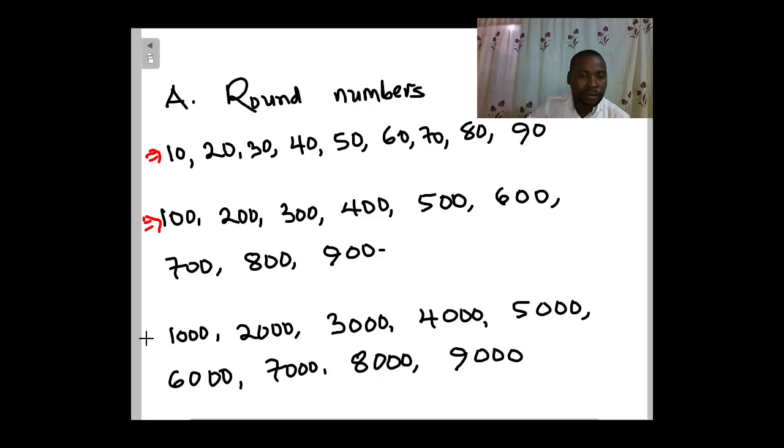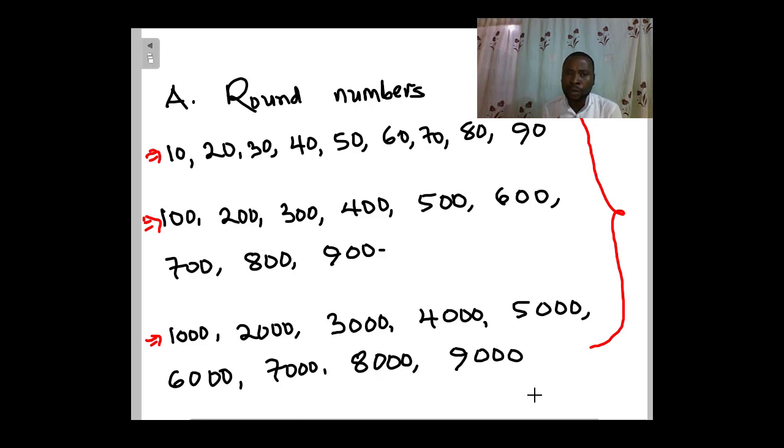And then the last set of numbers here for now, we have 1,000, 2,000, 3,000, 4,000, 5,000, 6,000, 7,000, 8,000, and 9,000. Now, these numbers and many more that I didn't mention here are called round numbers. These sets of numbers here, we call them what? We call them round numbers.